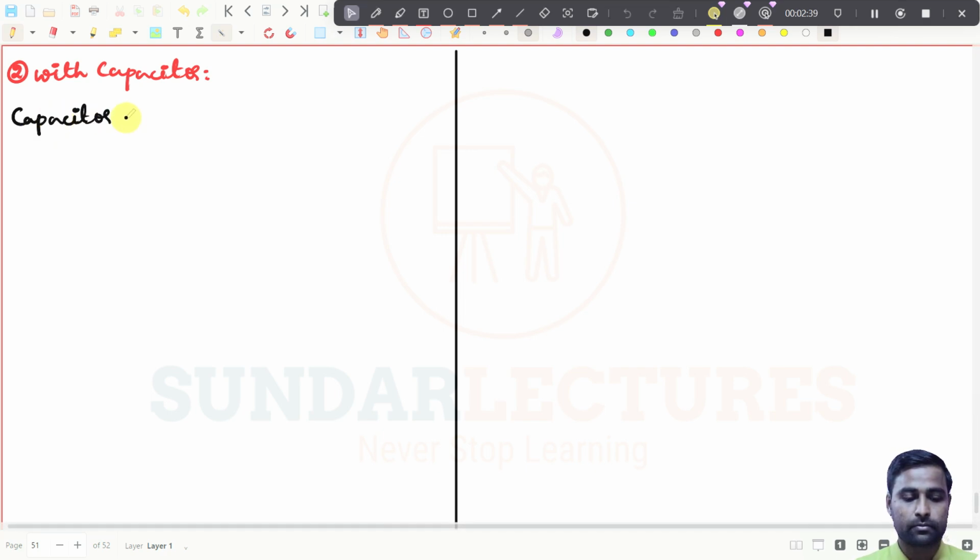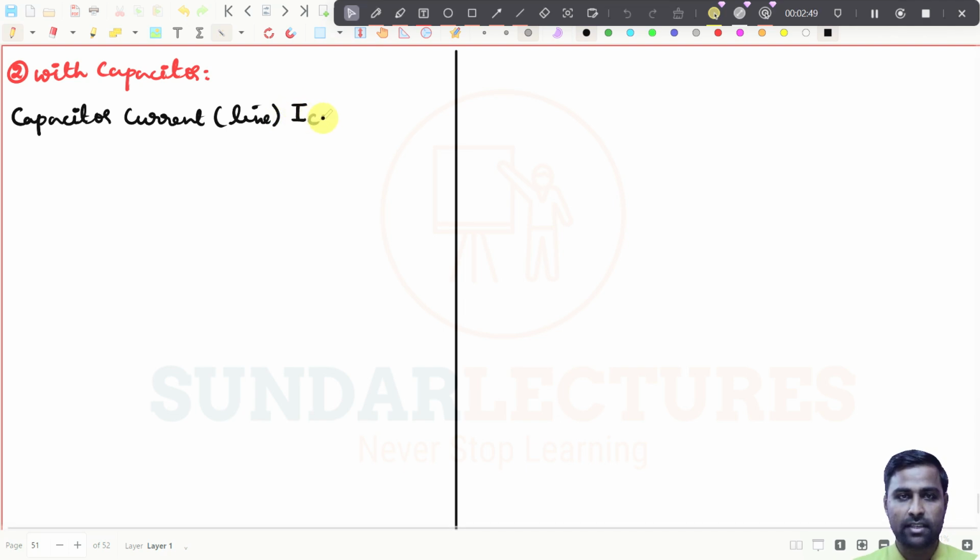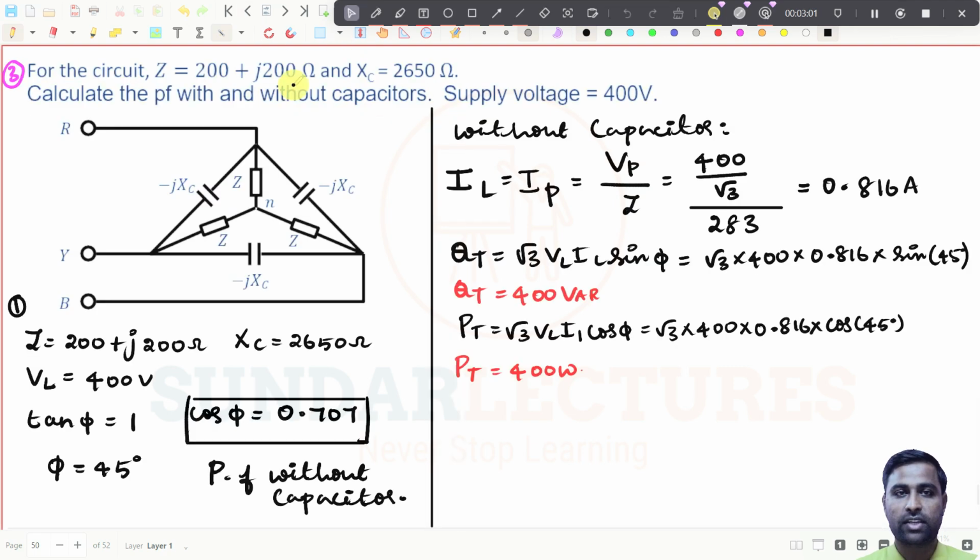So the line current of the capacitor, ICL, will be equal to root 3 times the phase current. What is the phase current? The voltage they have given you is 400 volt, which is both the line and the phase voltage, since in delta connection they are the same.